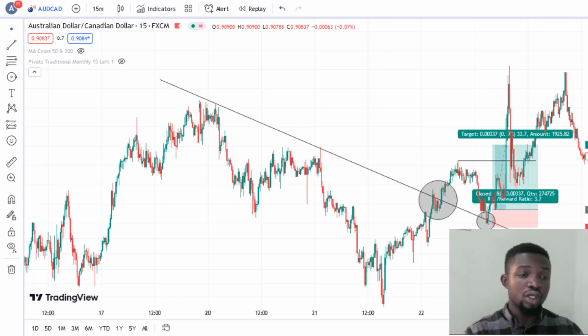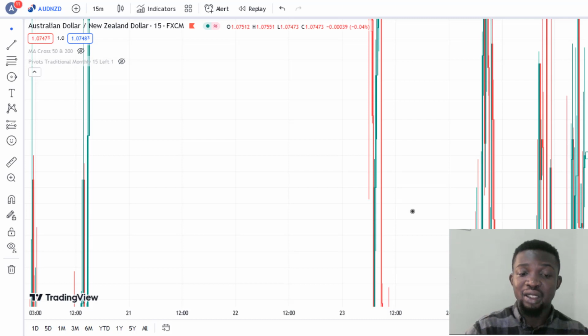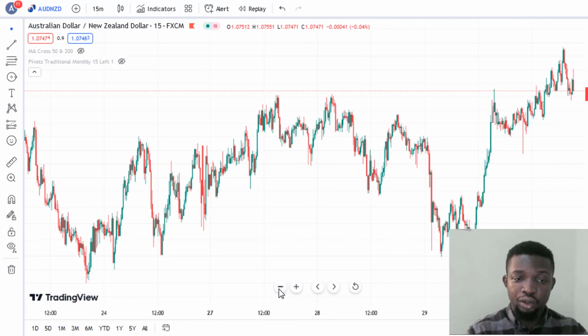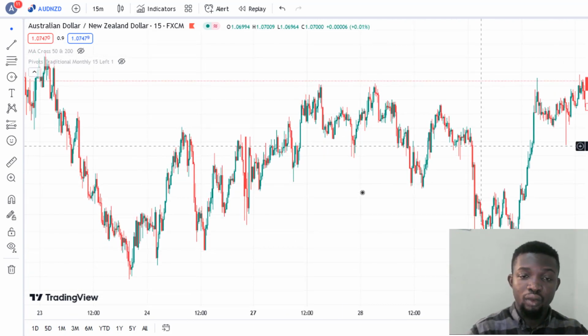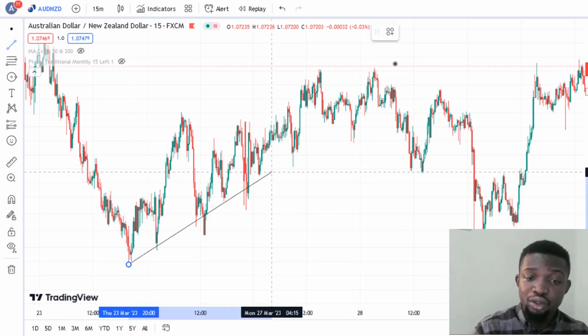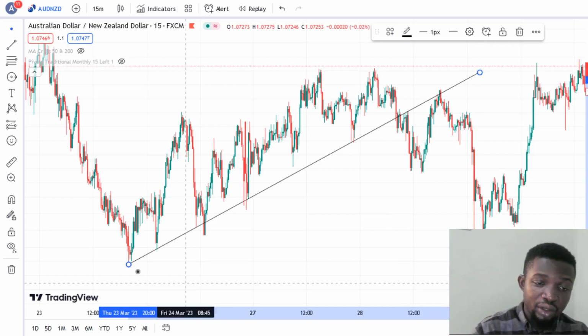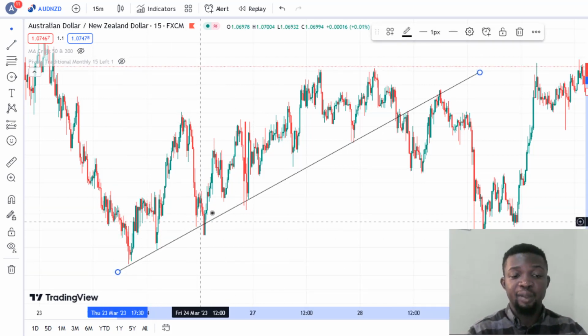Now I'm going to use the AUD/NZD for the break and retest of the uptrend market. Now I have my uptrend market, so I'm going to draw my trend line to connect those points together. As you can see, this is a fake breakout.